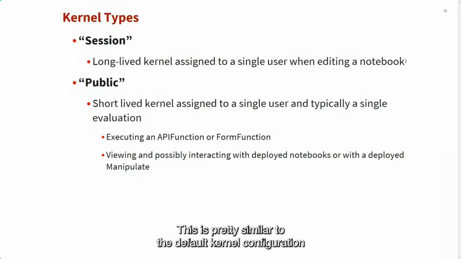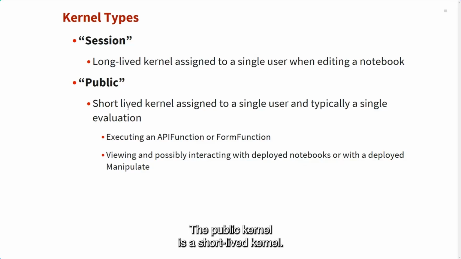This is pretty similar to the default kernel configuration when you fire up your local Mathematica or Wolfram installation. You have the same kernel shared across your front-end session and your notebooks for the life of that kernel, unless you start a new one. And that's used when editing a notebook.